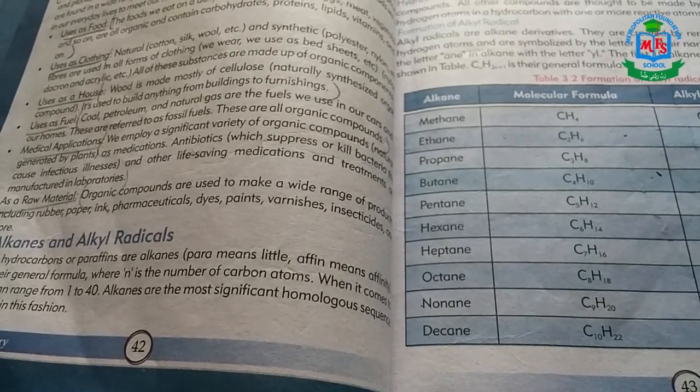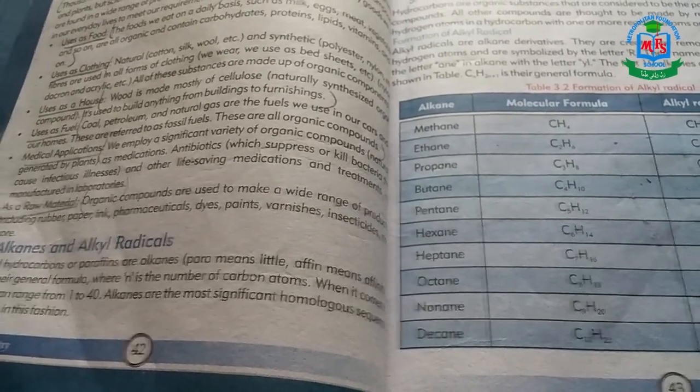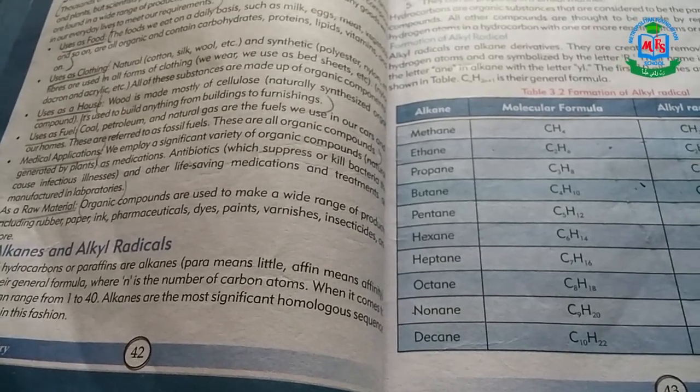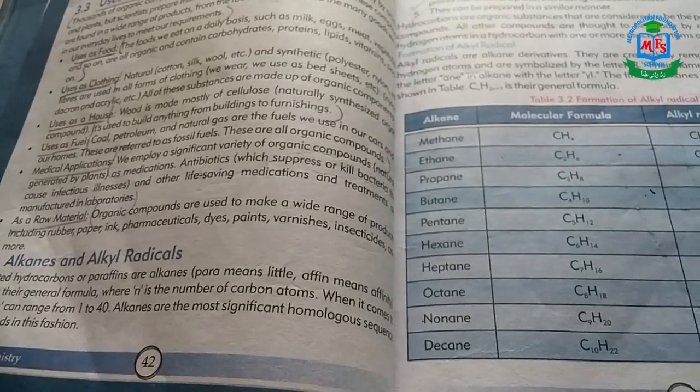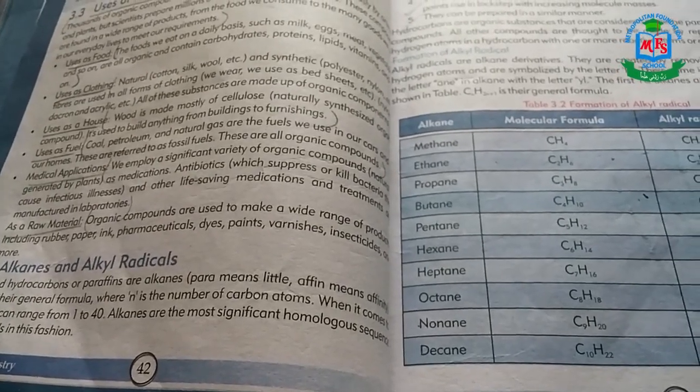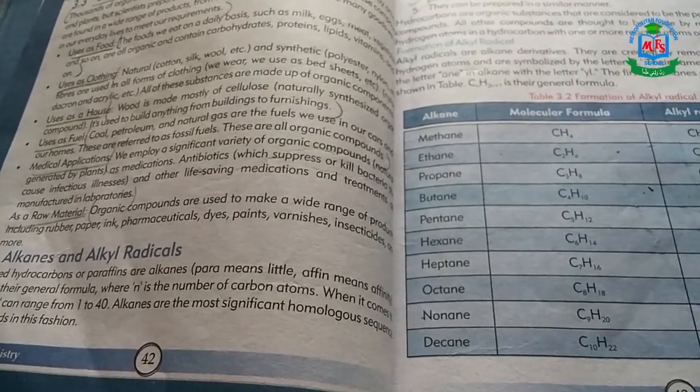As you know students, at the end of every member, the word "ane" is present. If one carbon atom is found, we use the word "meth". If two carbon atoms found, then we use the word "eth".